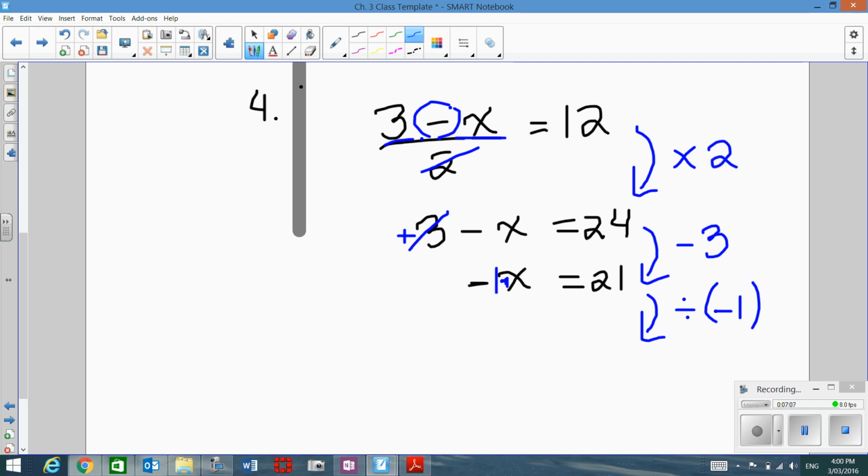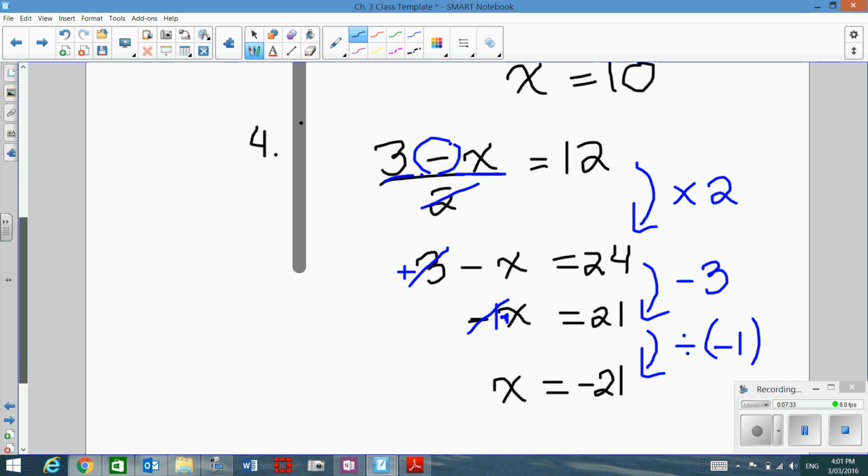If I divide by negative 1, it'll cancel out that negative. So I'm just left with x is equal to, and then 21 divided by negative 1 is negative 21. Now I have x completely by itself. So if I ever have a negative pronumeral, I need to pretend like there's a negative 1 coefficient, and I need to divide to get rid of it.